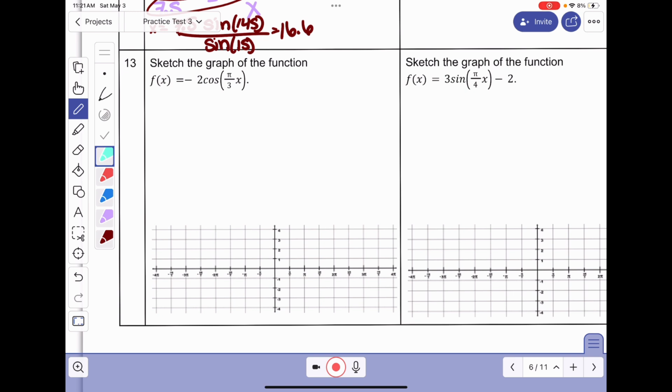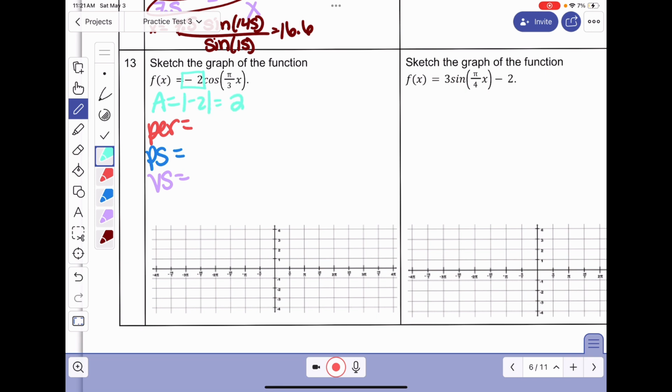Let's sketch some graphs. In order to sketch a trig graph, we need the amplitude, we need the period, we need to see if there's a phase shift, and we need to see if there's a vertical shift or a new midline. So amplitude is the absolute value of A. So this is 2.